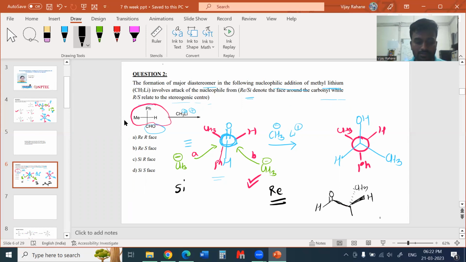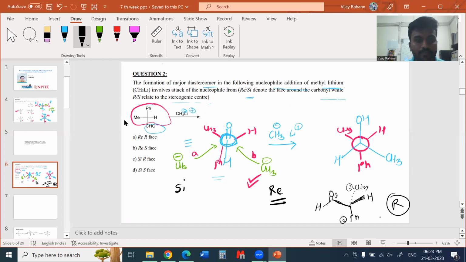So the first priority will be to the carbonyl carbon, here is the Ph. Second will be to this, and third will be to methyl. So the configuration for this one will be the R configuration, right? So the attack takes place from the Re face, and the configuration of this stereocenter is R.